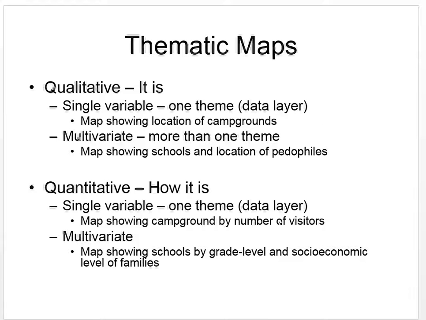So you've got two different data layers showing two different types of data or features, themes on one map. With quantitative, a single data layer might just show the number of visitors for the campsites, and then it also might show how used trails are. So you could have both of those to be multivariate.